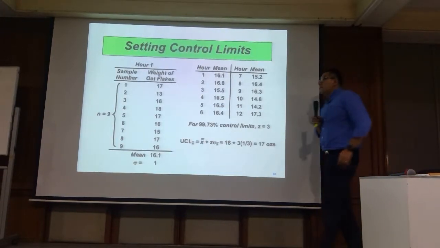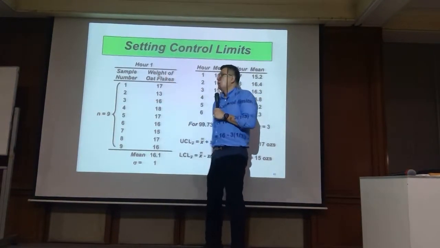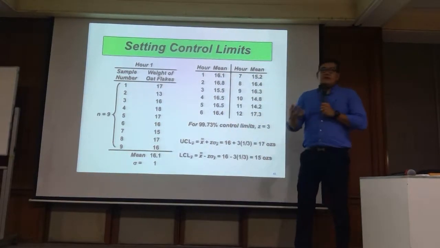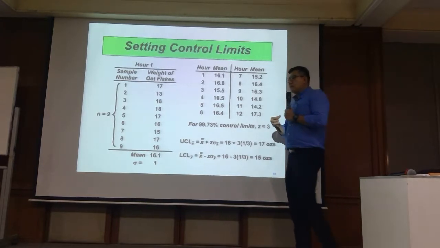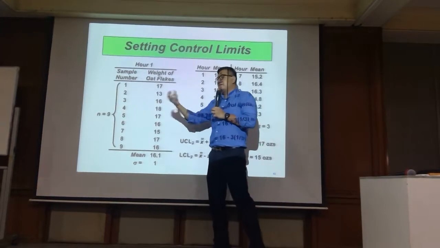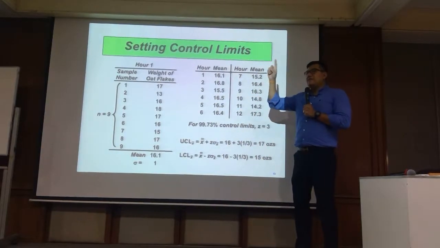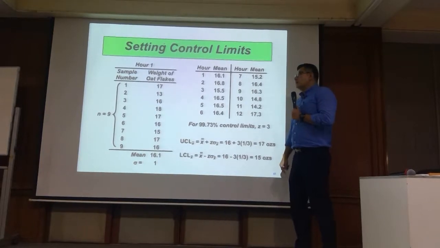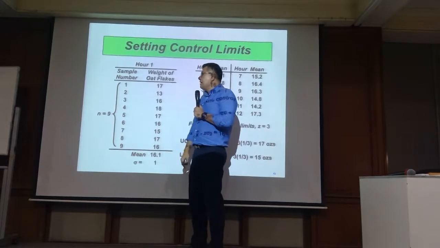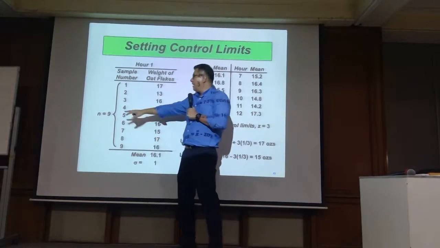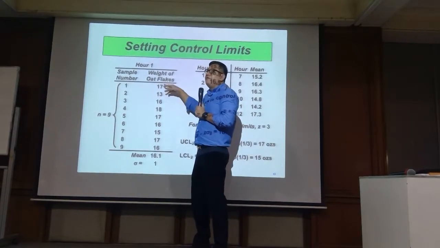Okay, let's say that we have a process for the production of objects, like boxes. Just the same as the first example, we may be concerned about the weight of every box. So at hour number 1, the first hour, I go to the production line at the output of the process, and I sample 9 boxes of the object and measure the weight of those 9 boxes.